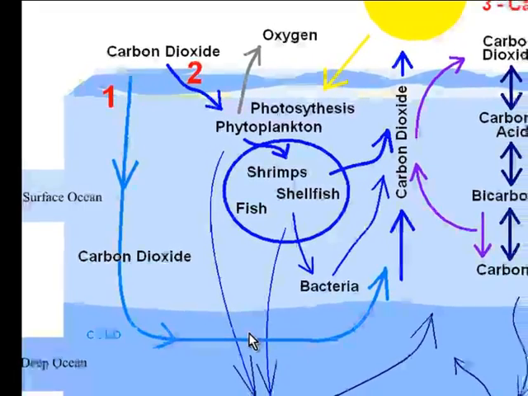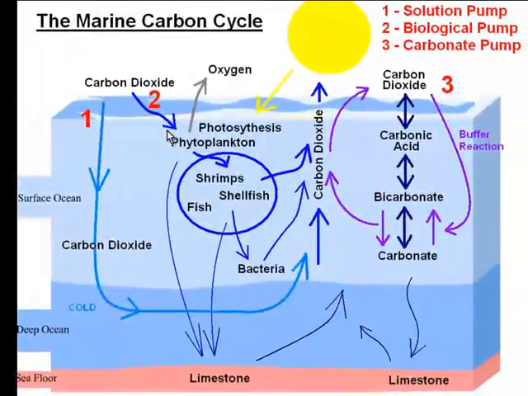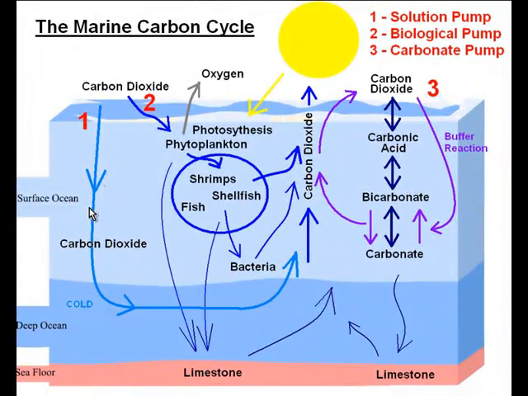Now, the solution pump can interact with the carbonate pump, and that's because some of the carbon dioxide which dissolves into the water turns into carbonic acid, and the carbon dioxide which turns into the carbonic acid can make up part of the carbonate pump, which is number 3.